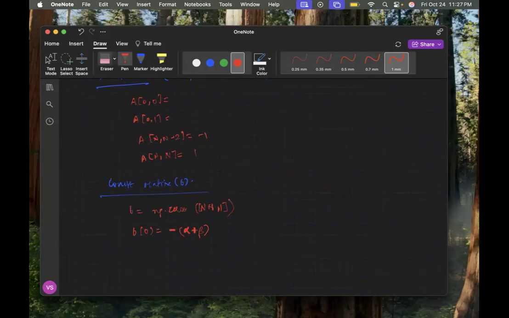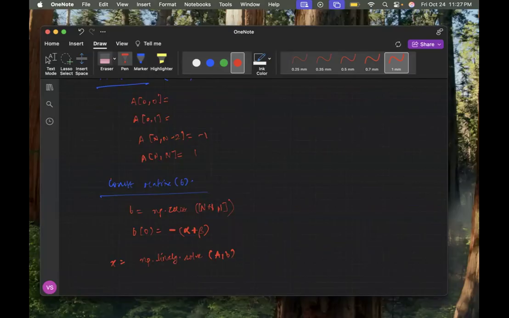And now what you have to do is solve AX equal to B. And for that, we have the inbuilt tool in NumPy, np.linalg.solve(A, B), and we'll store that in the vector x.